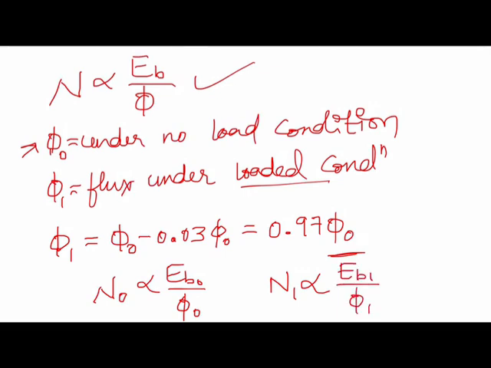If you divide these two equations, N1 divided by N0 is equal to Eb1 divided by phi 1, into phi naught divided by Eb0.